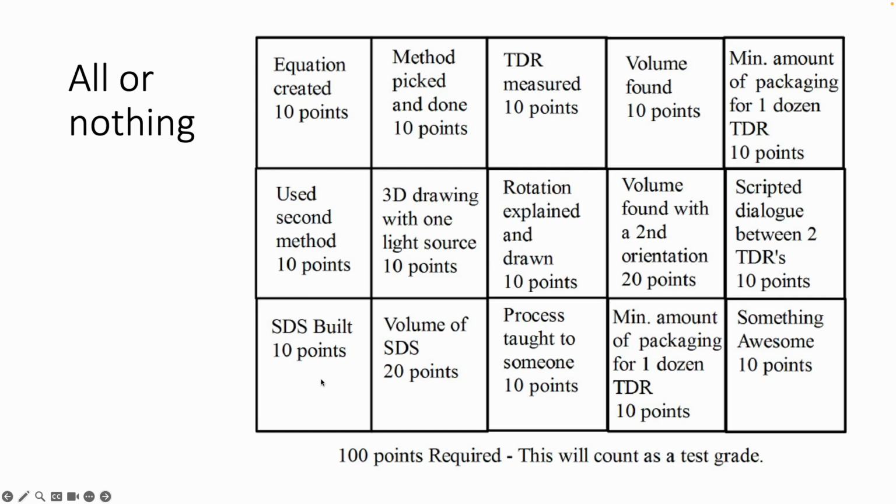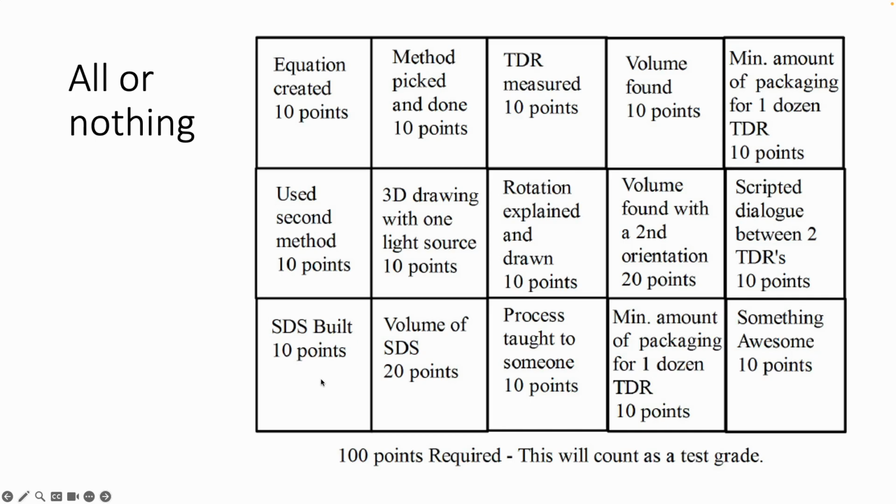So this creates another dynamic with the students. And keep in mind also that with the equation created, I can do a whole other example that is mimicking what I need them to do, and then they can go back through and create the equation on their own and still earn those 10 points. Right? And then there's a lot more than 100 points in this rubric, and in fact some of these boxes can actually be done multiple times.